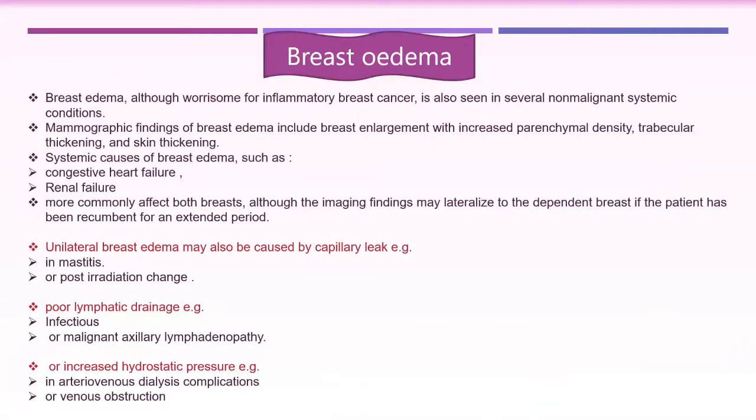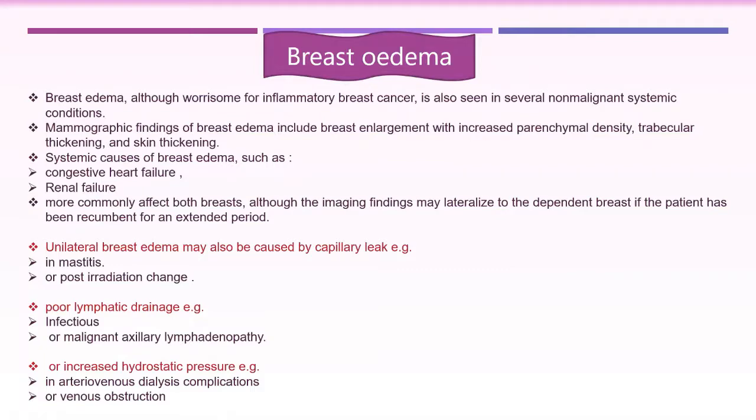So skin edema, or dermal edema, and breast edema could be either systemic or due to a local cause, especially inflammatory carcinoma. So we have to think about this and put it in the diagnosis. When it's unilateral, it can be due to capillary leak in case of mastitis or irritation changes, or lymphatic draining like infection or malignant axillary node, or hydrostatic pressure like renal failure or heart failure.